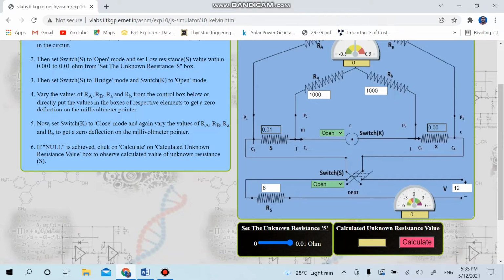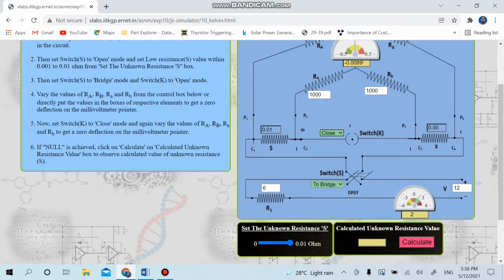Now once the value is set, we can set the switch S to bridge mode and the switch K to open. As we see, we will get a value of 0.00000 millivolt. Now we can close the switch.